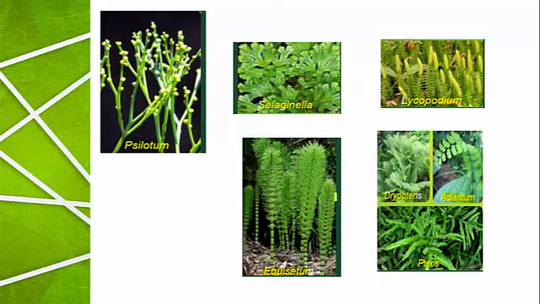All these are different members of pteridophytes. Equisetum is called horse tail because its color after production of the spores becomes quite similar to the tail of a horse. This is called the horse tail pteridophyte.